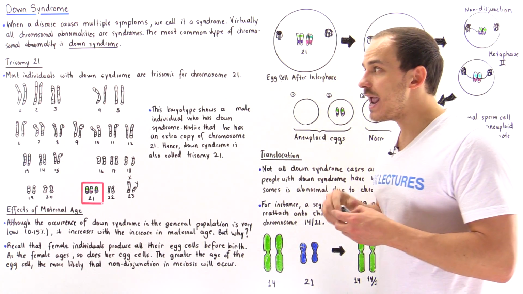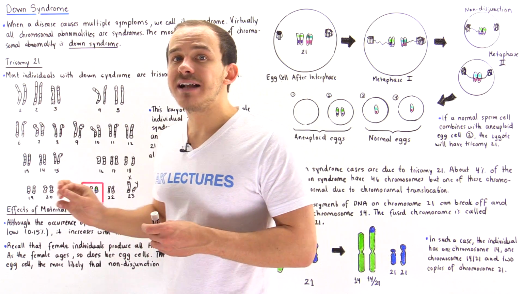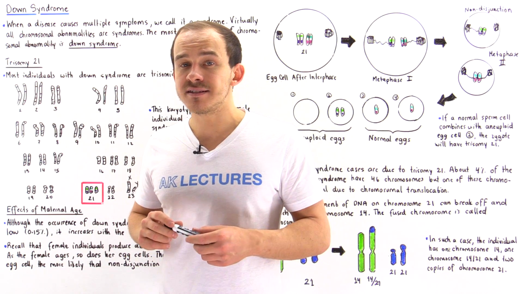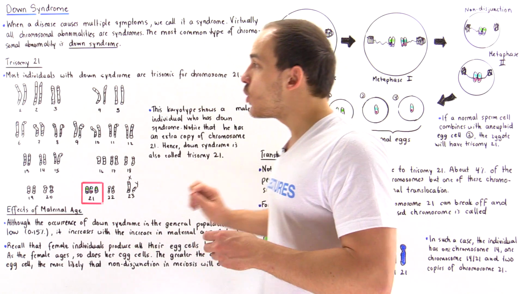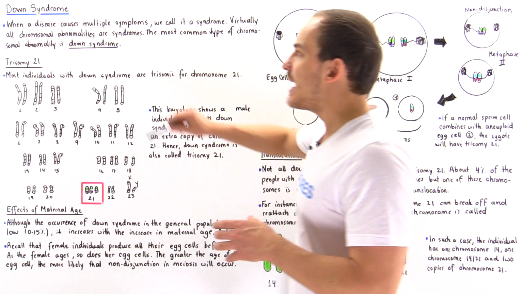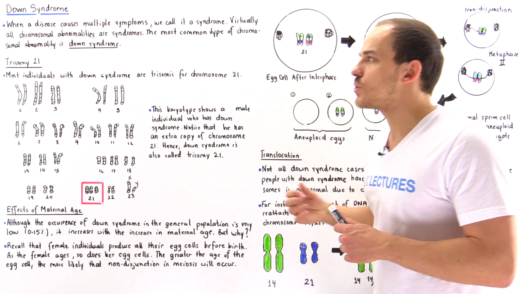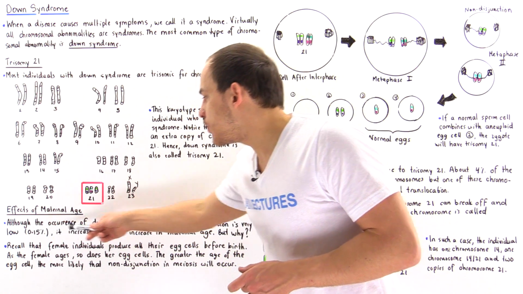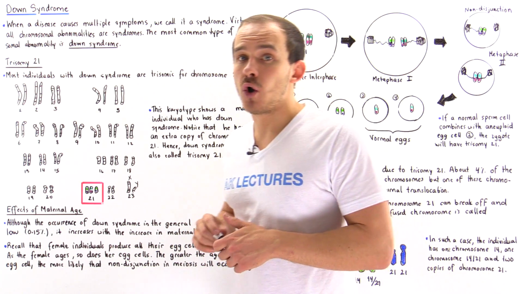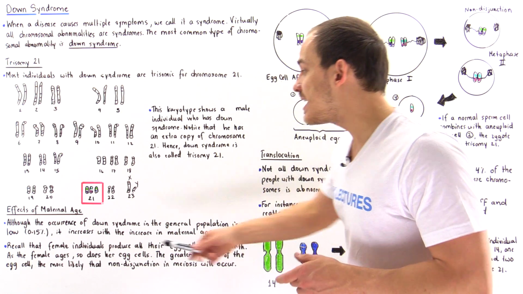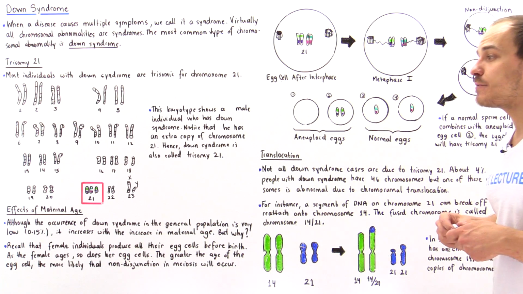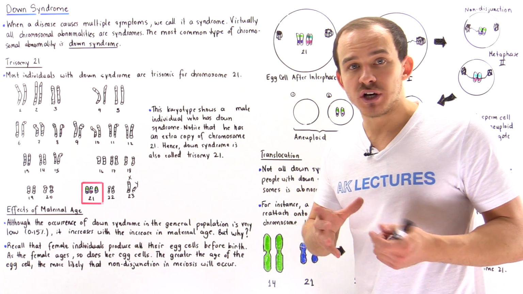And as the egg cells age, the likelihood that nondisjunction will take place in meiosis and form aneuploid egg cells increases. And so if the likelihood of nondisjunction increases, that means the likelihood of Down syndrome is also higher. Although the occurrence of Down syndrome in the general population is very low, about 0.15%, it increases with the increase in the maternal age, for the reason that we just discussed.